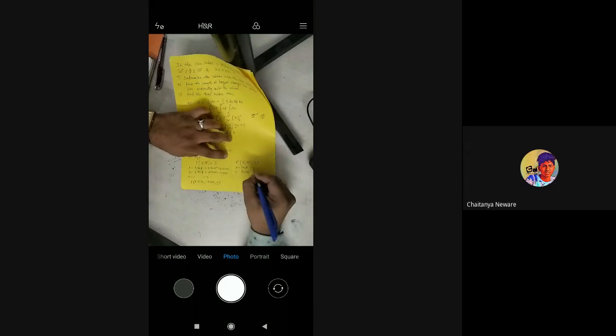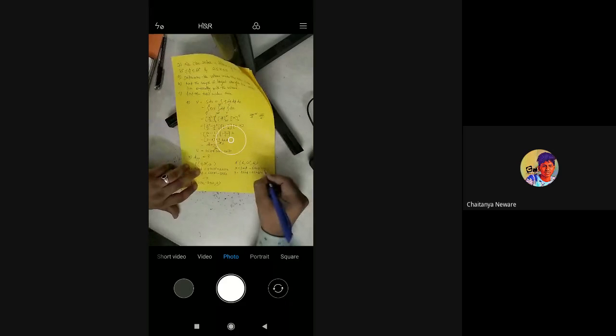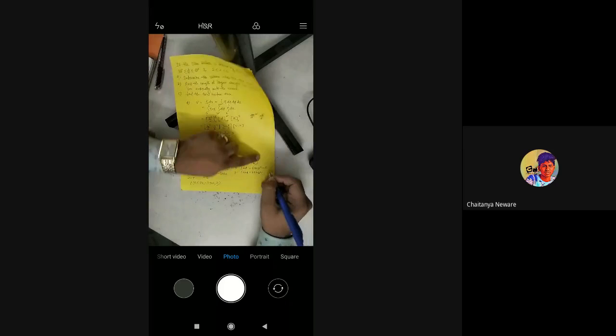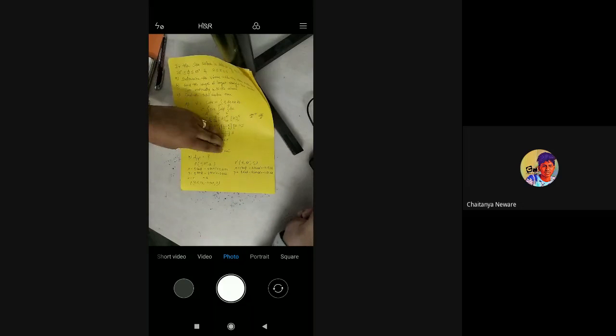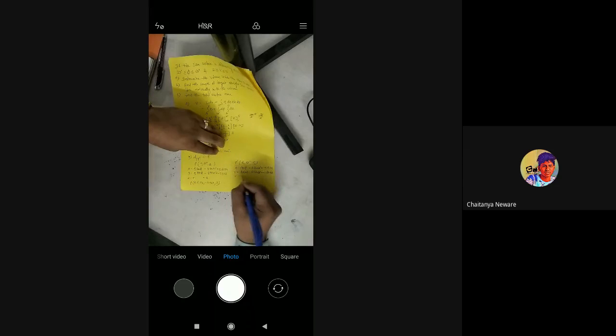So rho is 6: 6 cos 60 degree is minus 5.7144 and 6 sin 60 degree is minus 1.8268, and z equal to z, so the value of z is 5.